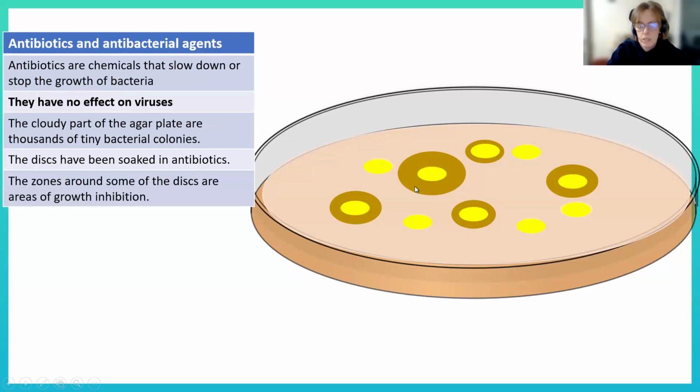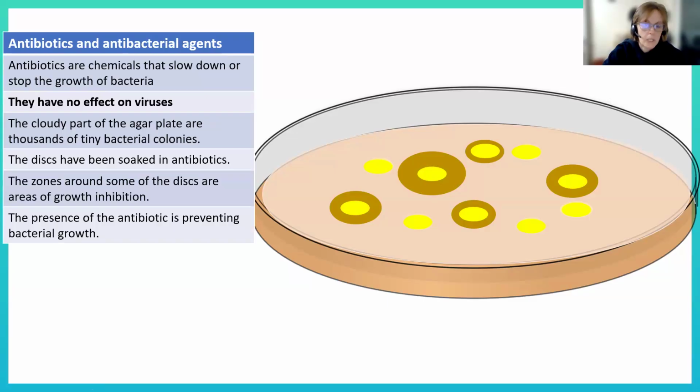So if you get a zone of inhibition, that antibiotic is preventing bacterial growth in that zone. So you can say, whatever's on this disc is an effective antibiotic against this bacteria. Same for this disc, same for this disc, and same for this disc. All the other discs, whatever they've been soaked in, is ineffective against this bacterium.